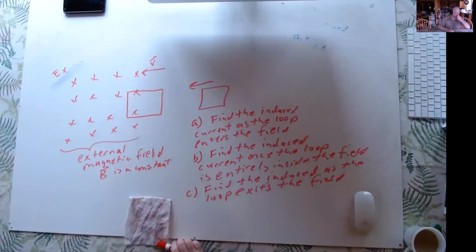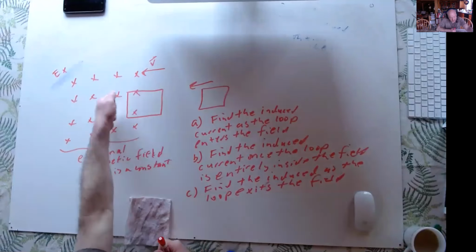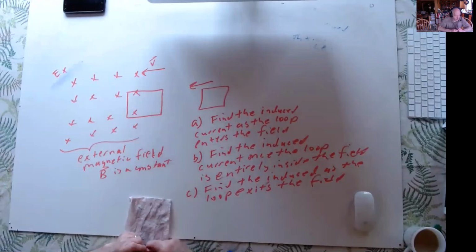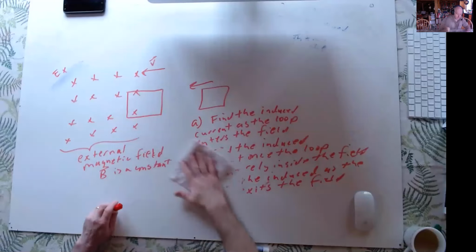Is it increasing or decreasing, and why? So I have the loop here, I'm pulling it inside here. As it enters, what's happening to the magnetic flux in there? Increasing, decreasing, staying the same? I'm hearing an increasing. Confirmation. Increasing, yes, okay.